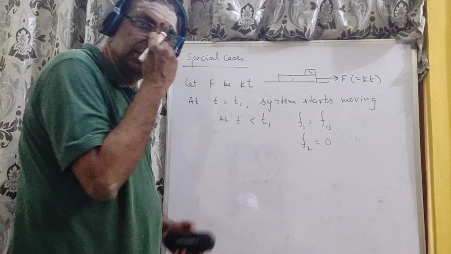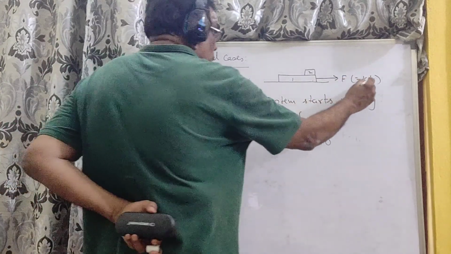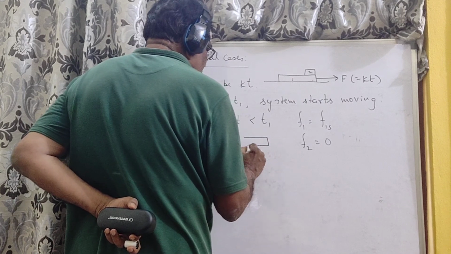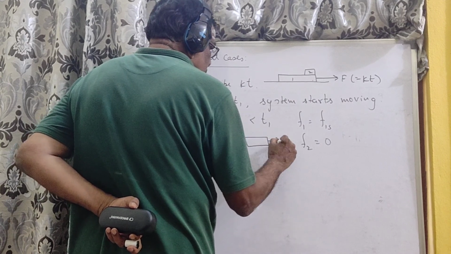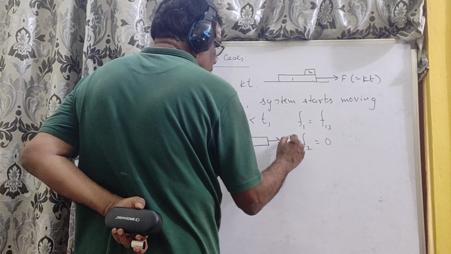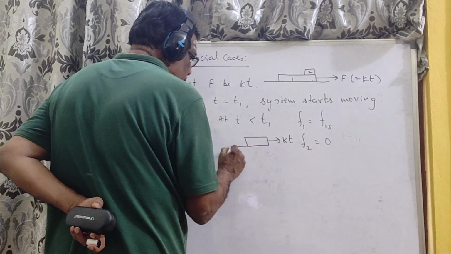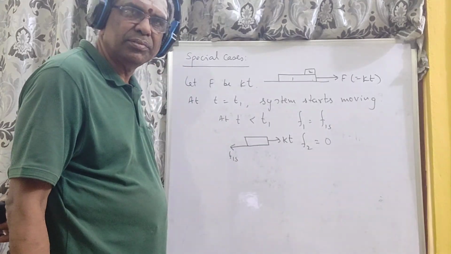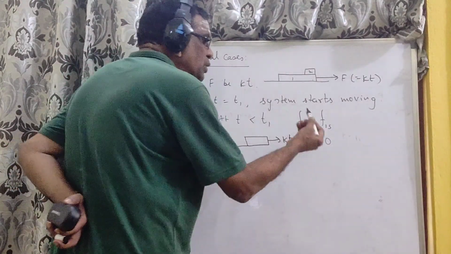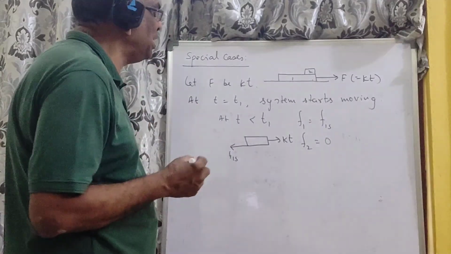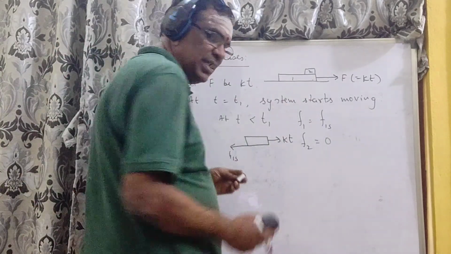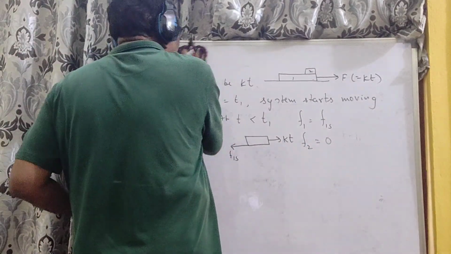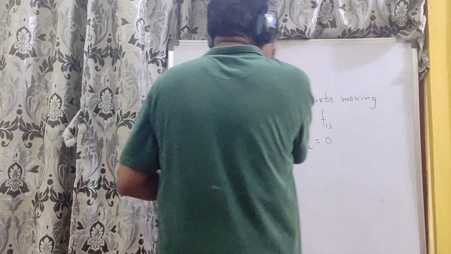F1 is F1s. And what is that? At T is equal to T1, KT, F1s. Suppose I plot, very important. I want to plot this. You see, we are getting into crucial aspects of this friction.